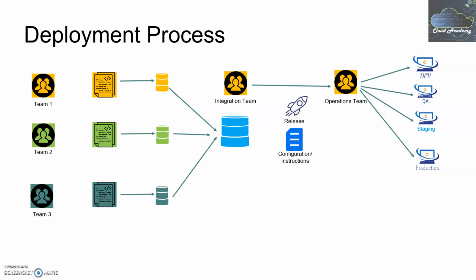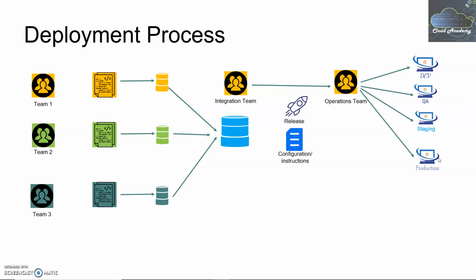To do that, your operations team needs to spend a lot of time preparing your delivery based on the instructions given by the development team, and they also need to understand the configurations and how the packages need to be prepared for deploying to the various servers. Apart from this, they also need to set up a lot of environments, plus spin up a lot of servers based on your application load.